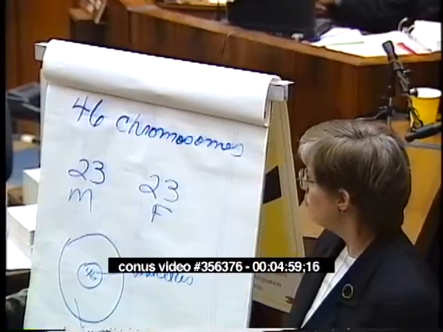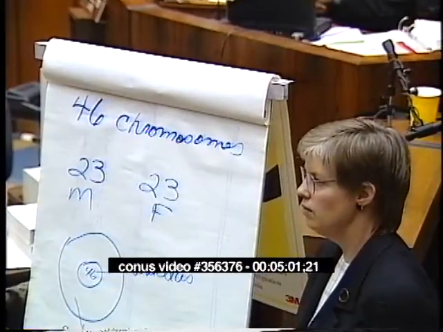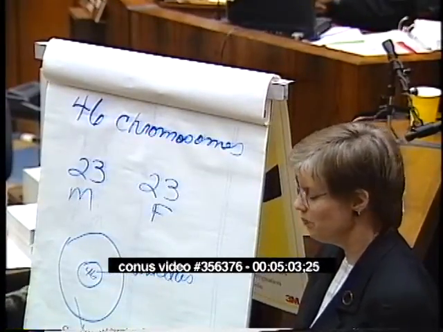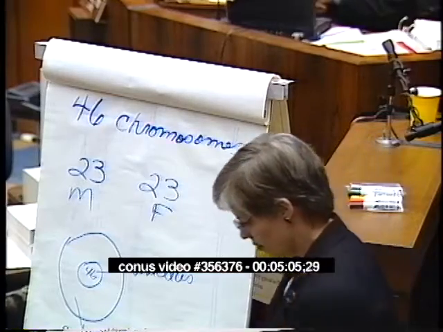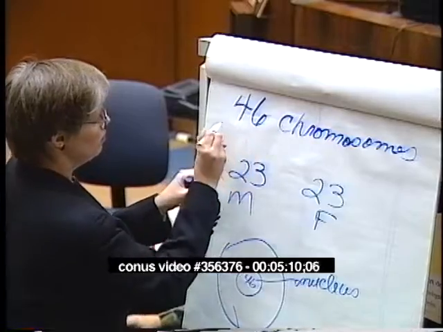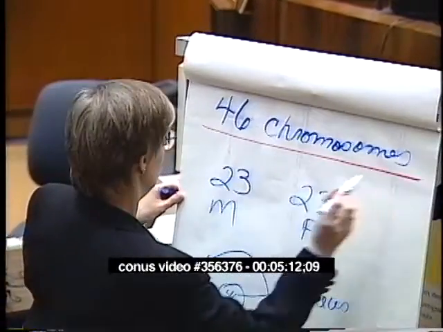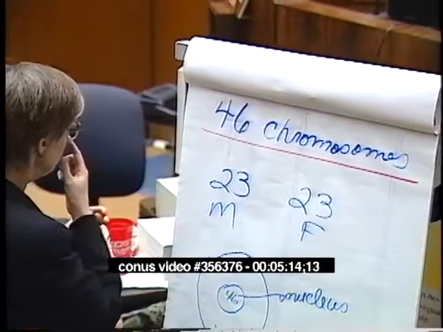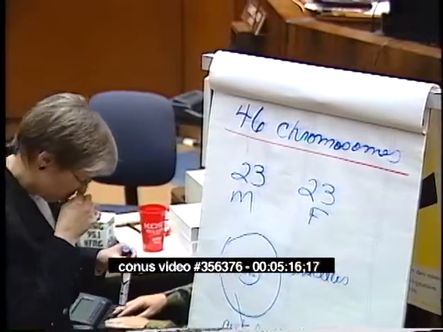That's labeled 46 chromosomes. Would that be an appropriate title for that chart? It will do. Okay, perhaps you could just underline it, and then we'll underline the titles on each one. All right, 235 will be labeled 46 chromosomes, underlined.